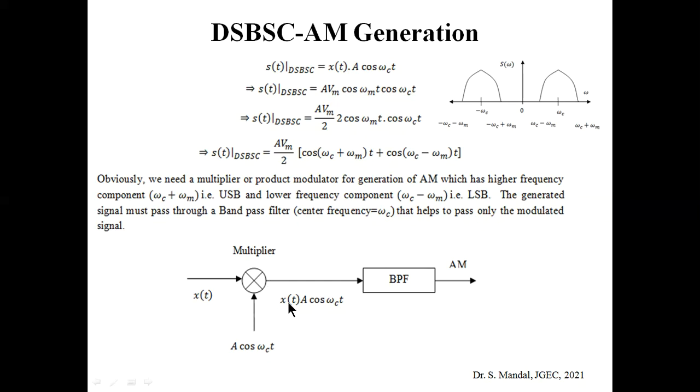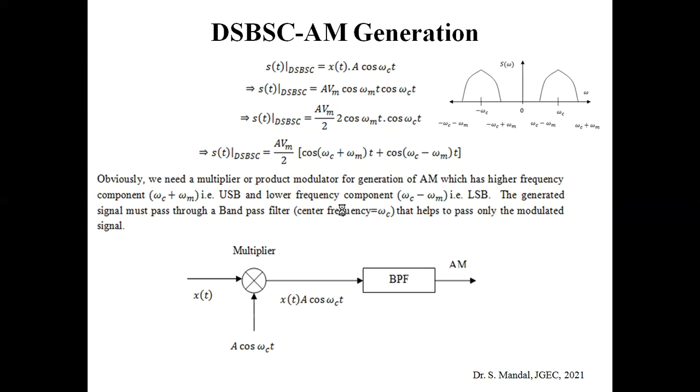After the multiplication we get the output x(t) into A cos omega_c t, and if this signal is passed through the band pass filter, we get the corresponding AM signal, and ultimately only this portion will be passed through. Clear? So this is the DSBSC. Here it is interesting to observe that there is no separate pilot carrier term in this equation. That's why this is DSBSC generation. Now let's move to the next slide.